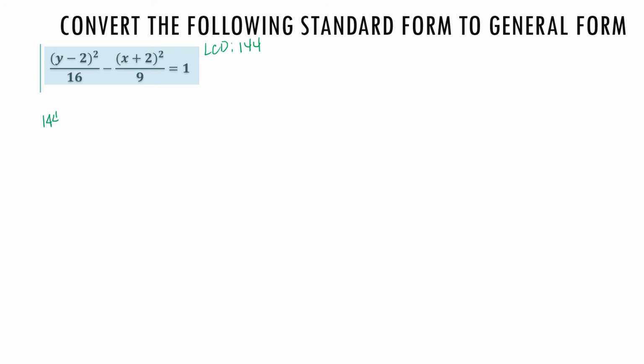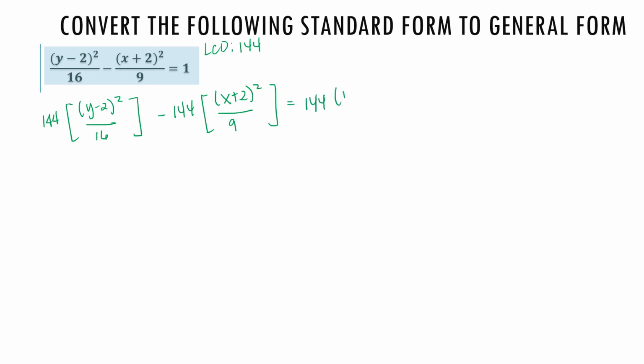Multiply natin lahat kay 144. 144 times (y - 2)^2/16 minus 144 times (x + 2)^2/9 equals 144 times 1.